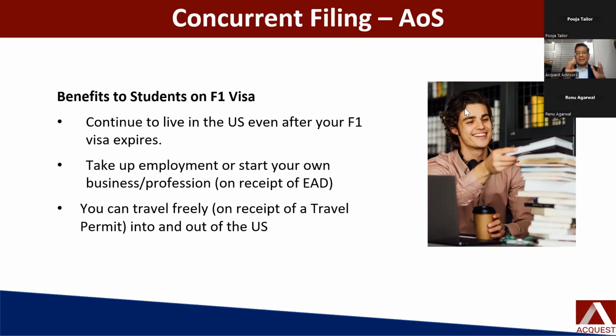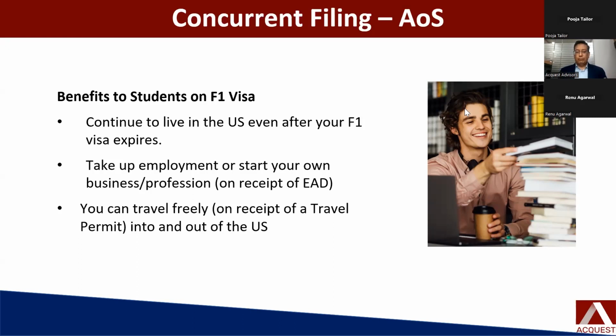But precisely at the same time, this new change came in March 22, and he was scheduled to come back in July. We could file for adjustment of status. We filed for adjustment of status, got him the employment authorization or the work permit, and he was able to take up his dream job. And today he continues to stay in the US, working in his dream job as an investment banker. Thanks to concurrent filing, you can do that.